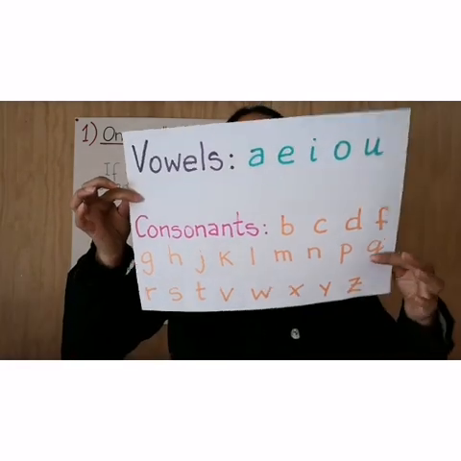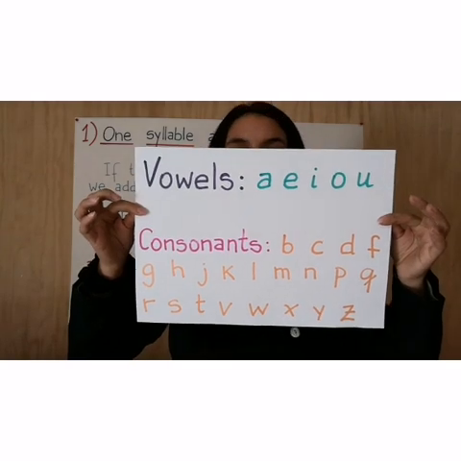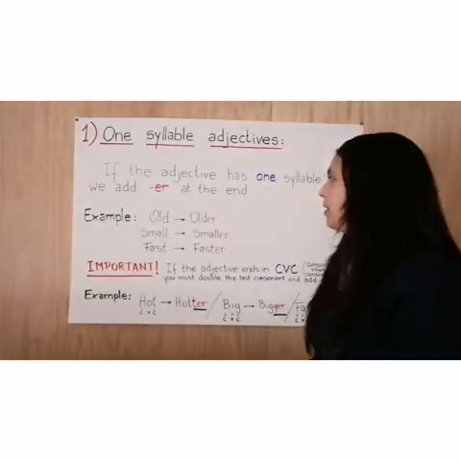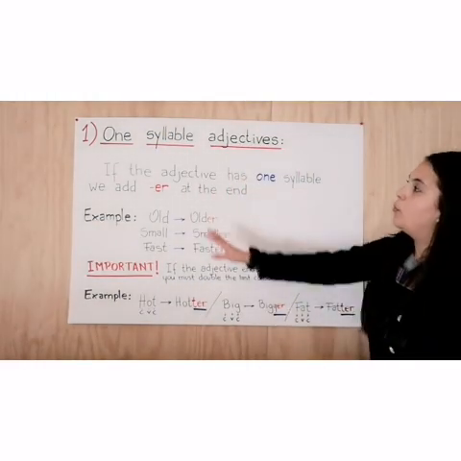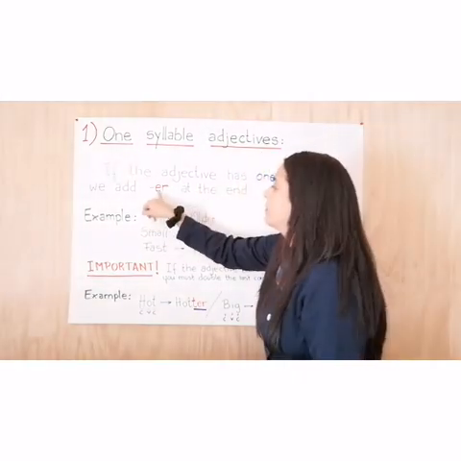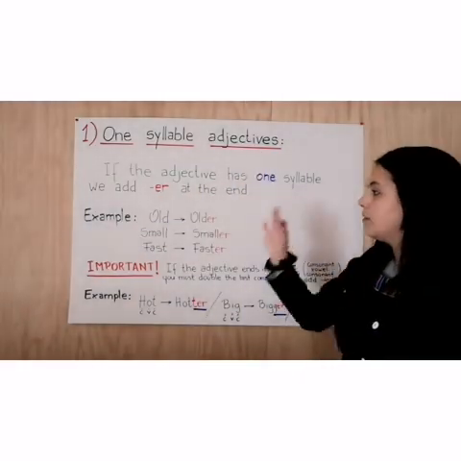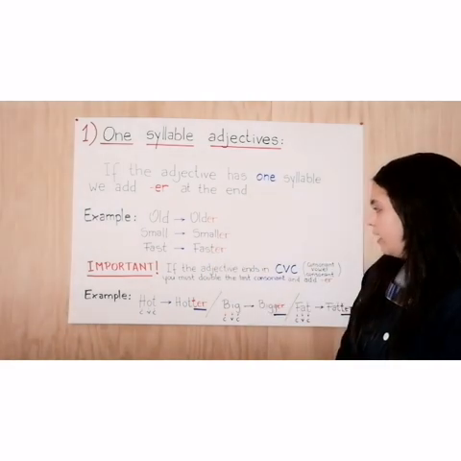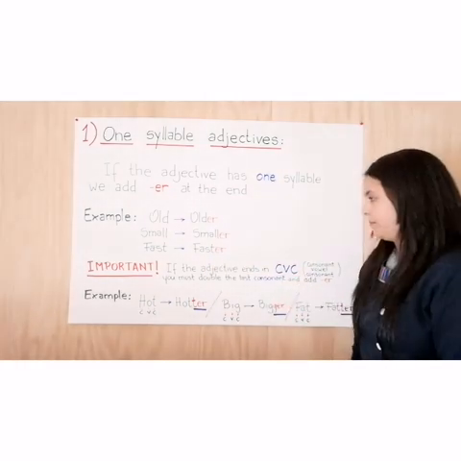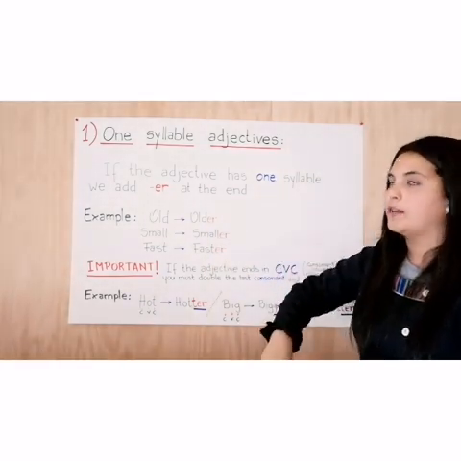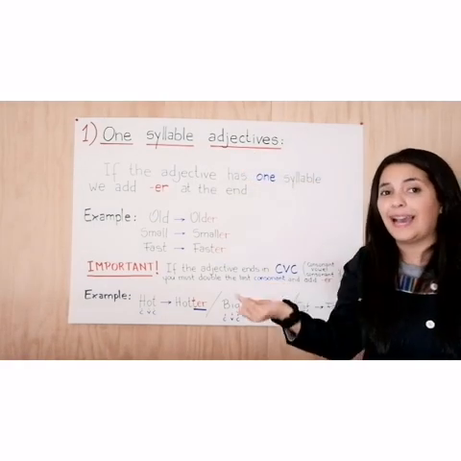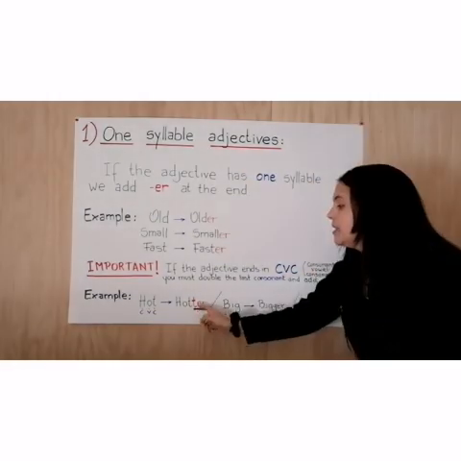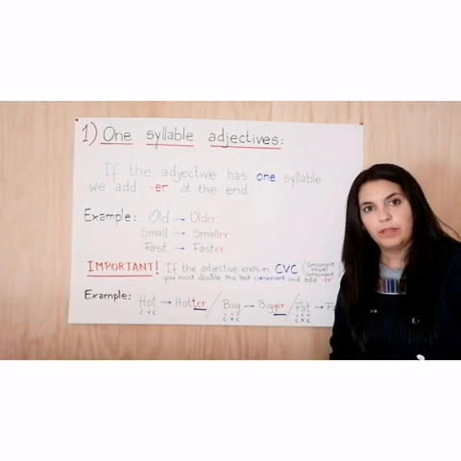Just to remember. So, one syllable adjectives, er, very important, and CVC. If the adjective is one syllable and it has the CVC, double the consonant.